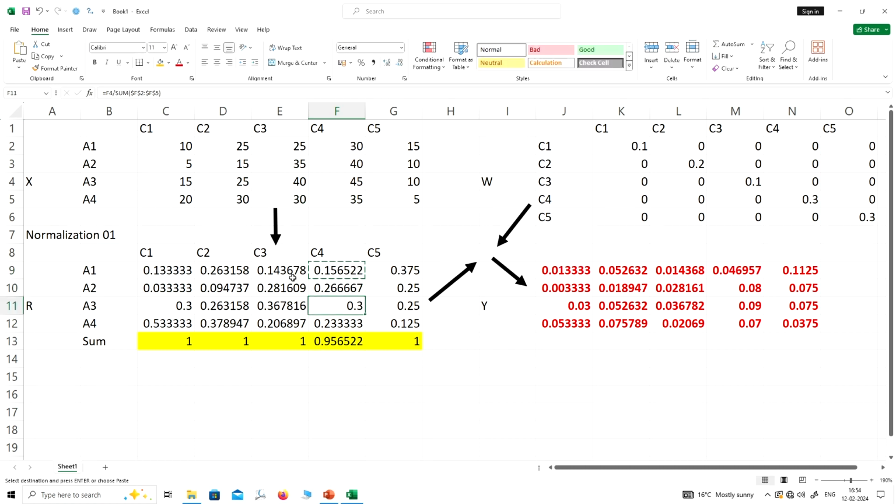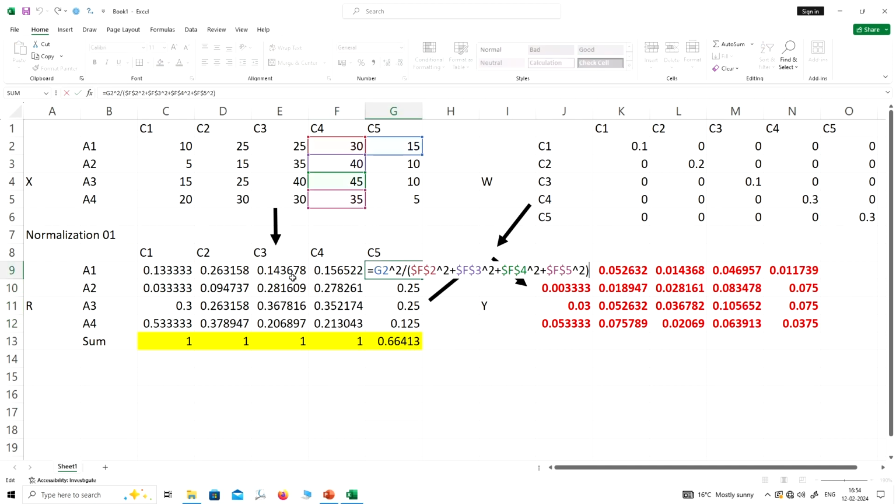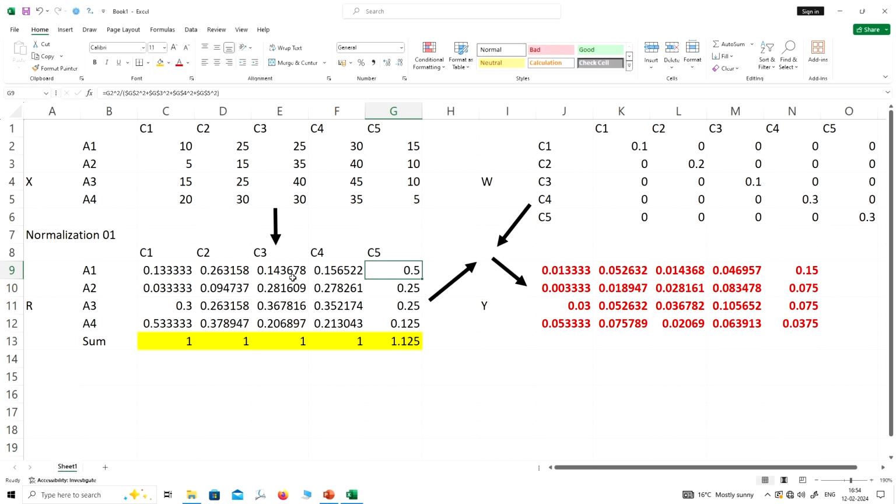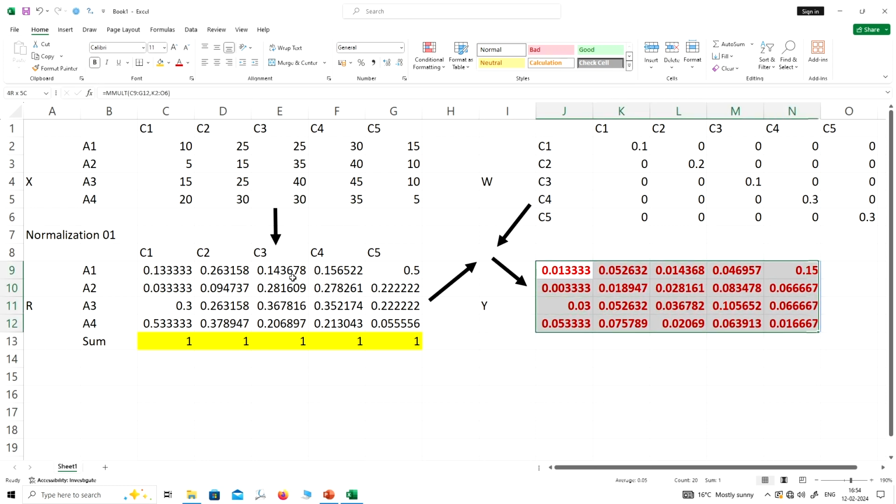Again I add up, and it is 1. Finally, I do it for the G column, which corresponds to C5. If I copy it, again the value is 1.